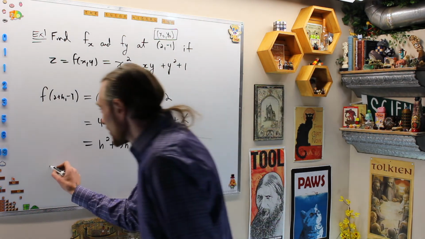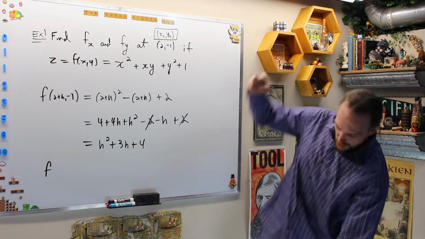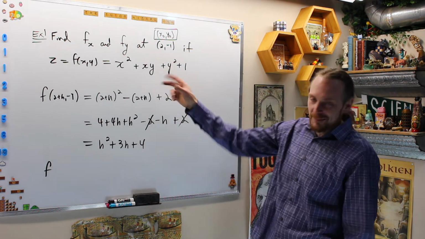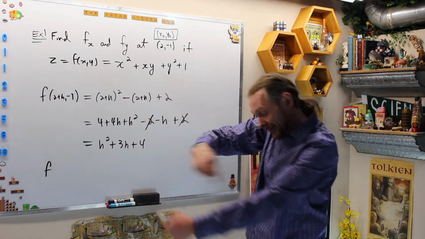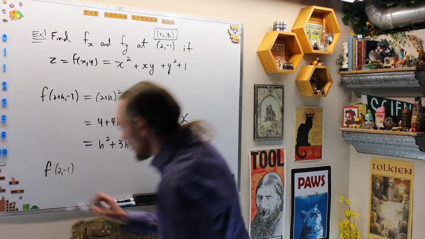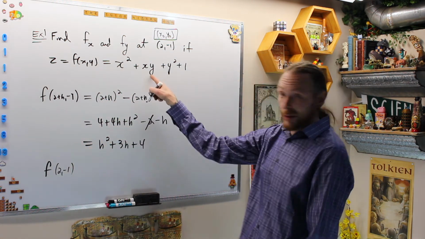Then I need also the other pieces. Before you cook soup, do you just stick whole carrots and whole celery in there and expect it to be a soup? No, I'm going to cut and prepare the onions and the celery and everything first, get the moving parts, then we'll put it into the machinery and stir the pot. I need now f of 2, negative 1 without the h. This one's even better. You put 2 where x is, you put negative 1 where y is.